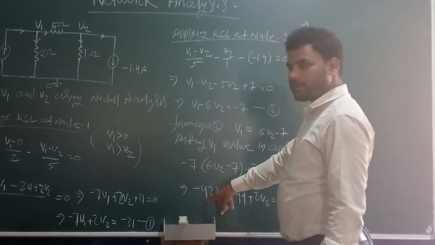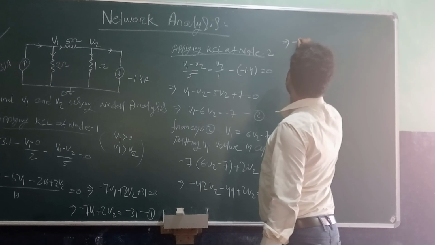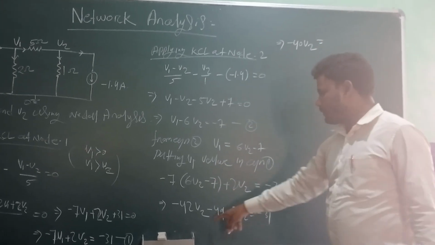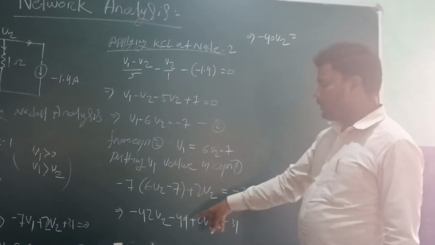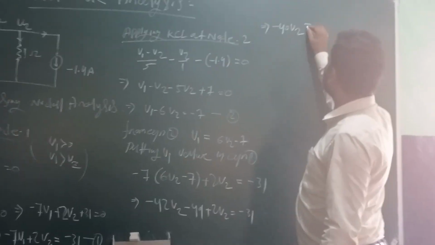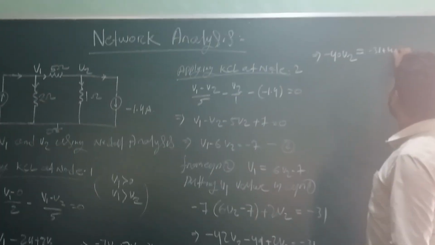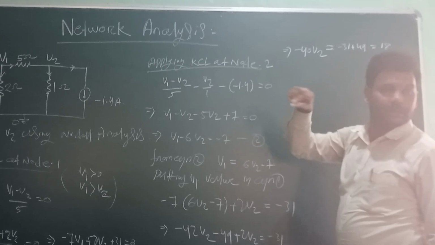This is minus 42 plus 2, minus 40 V2 equals to, this side take to right side, this will become plus. Minus 31 plus 49, which equals plus 18. Yes or no?